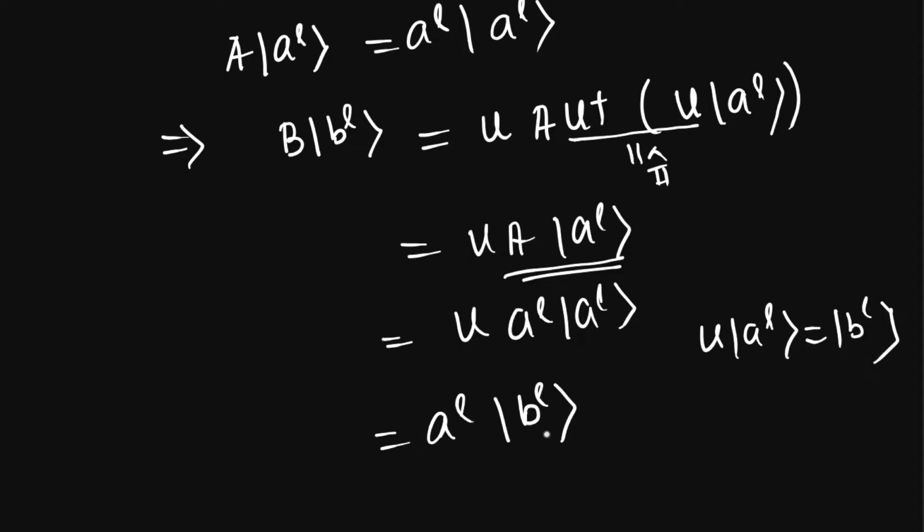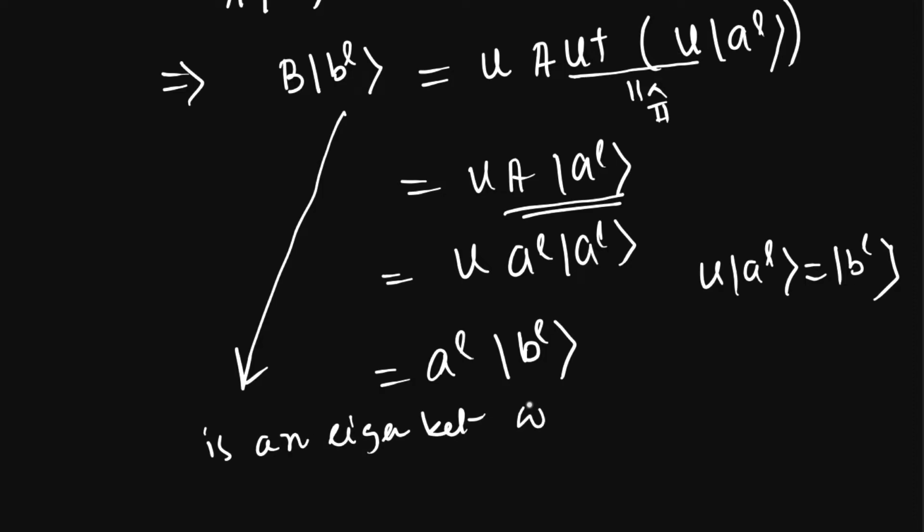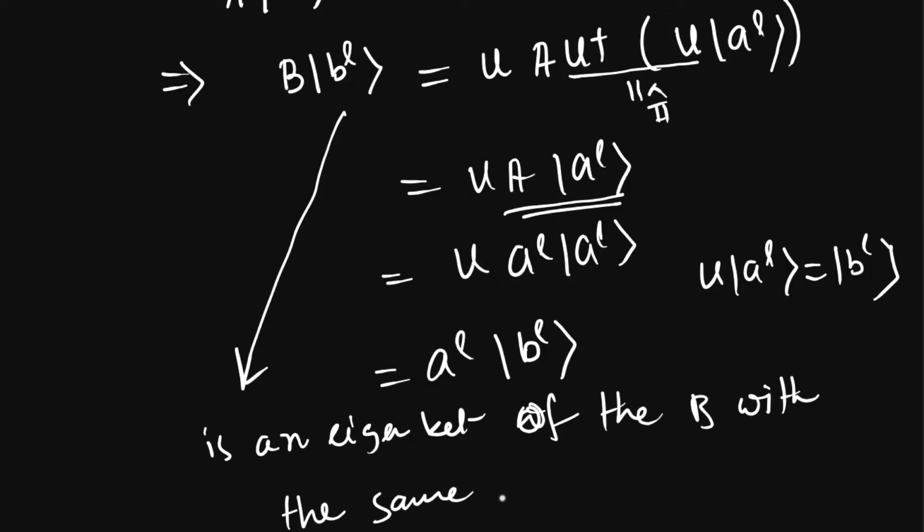That means |b_l⟩ is an eigenket of the operator B with the same eigenvalue a_l.